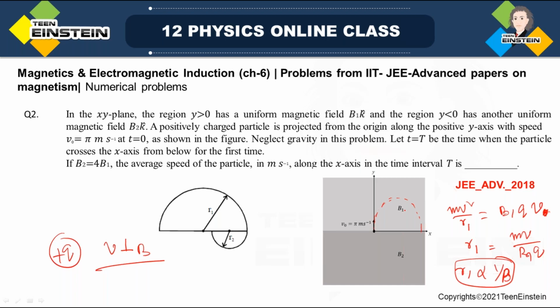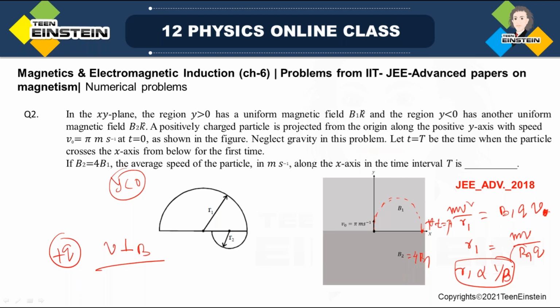In the region y less than 0, the negative region, B2 is 4 times greater than B1. So at time t, it reaches here and enters the region of magnetic field B2, which is a strong magnetic field.